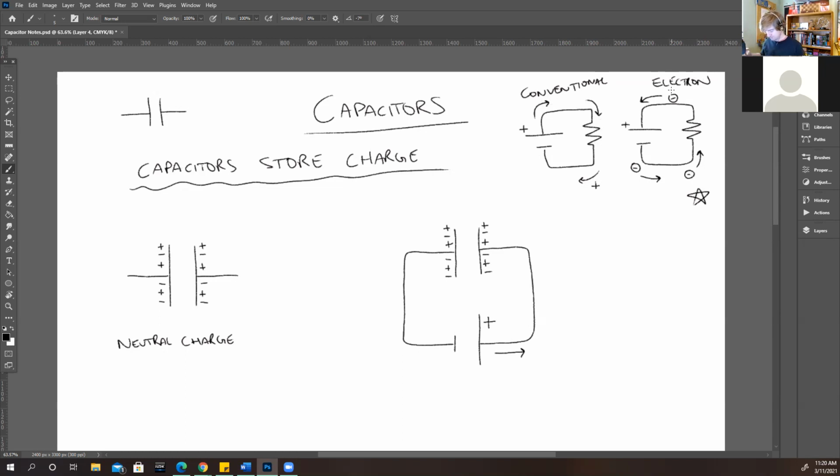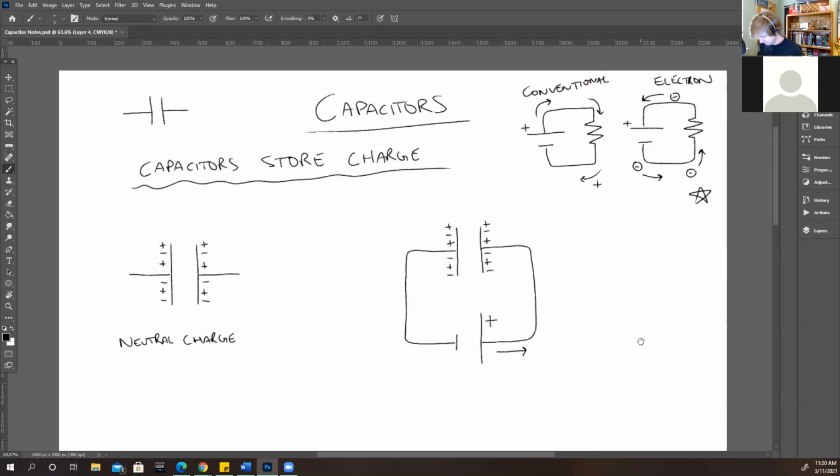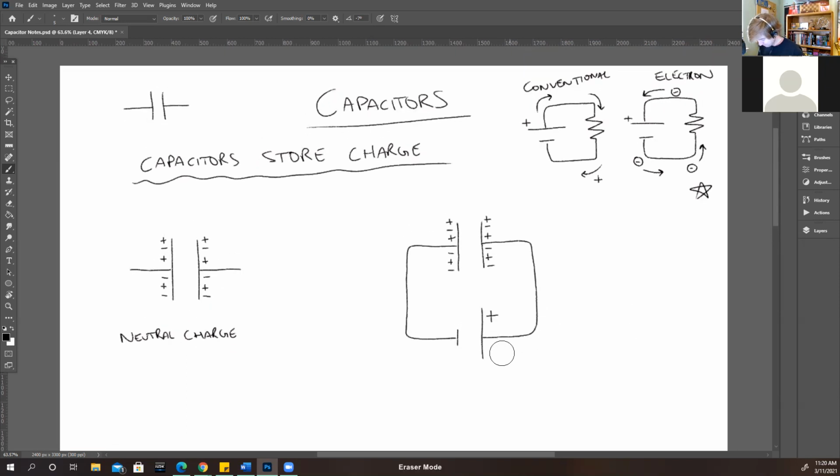In any case, jumping to right now for this capacitor lab, what's actually happening. So now let's look at the electrons specifically. There are charges on these plates, positive and negative. The protons of a metal are positive, the electrons are negative.